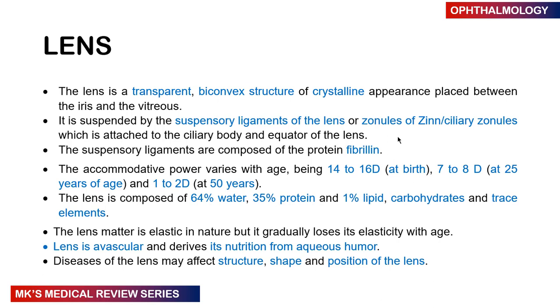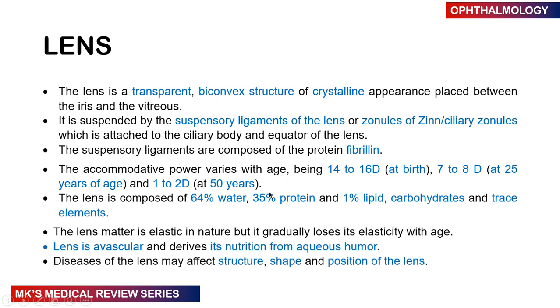So the eye's ability to accommodate tends to decrease as you grow older. When you grow very old, you lose the ability to accommodate and you have a condition known as presbyopia. So remember that the lens is composed of 64% water, 35% proteins, 1% lipids, carbohydrates, and trace elements.